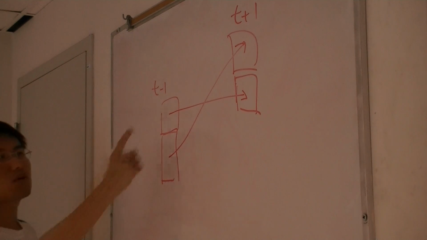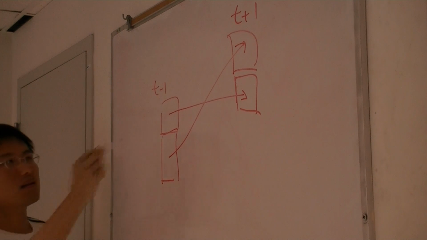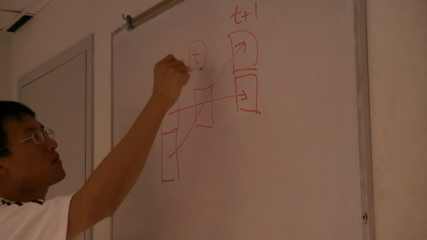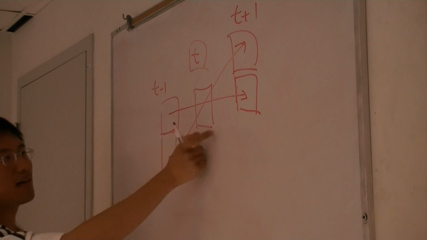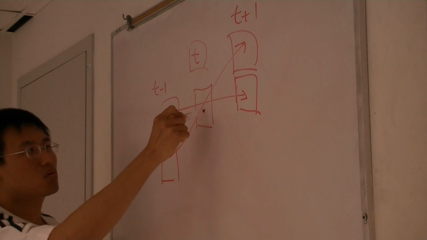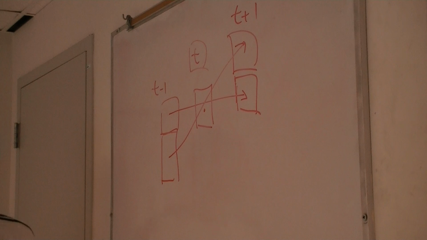So you have two motion vectors, right? And if you want to interpolate this frame t, for this given macro block, you may have two motion vectors going through this macro block. So you need to make a decision which vector should be used to generate the interpolated frame in bi-direction.